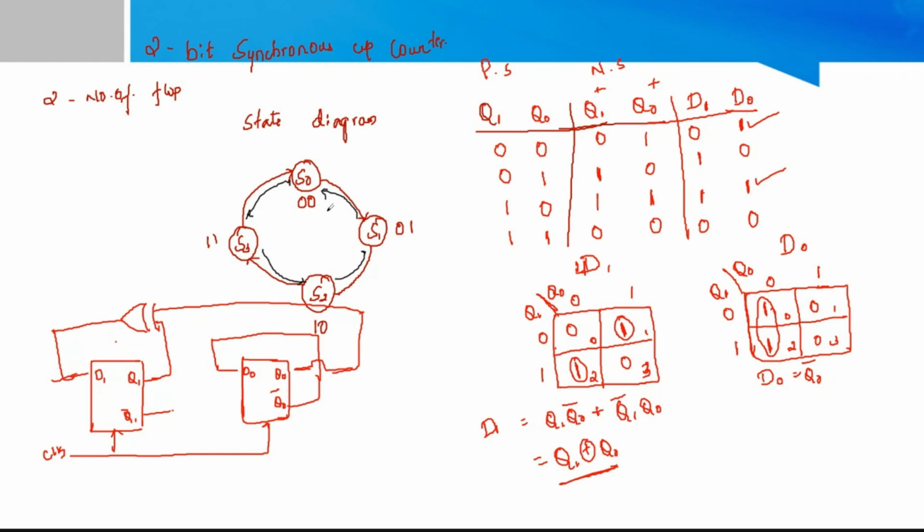This will be the down counter. Up counter is 0 1 2 3 0. For the down counter, it will be 0 3 2 1 0. With respect to that, take the present state and the next state and get the equation. Any doubt in this? No, ma'am.